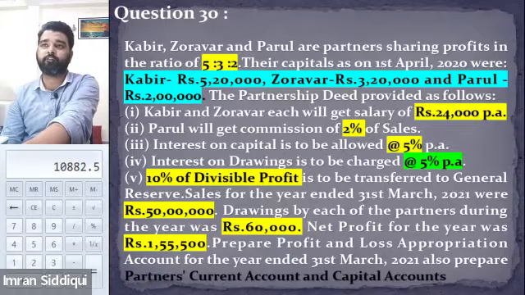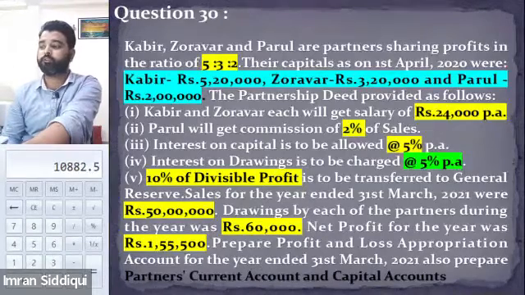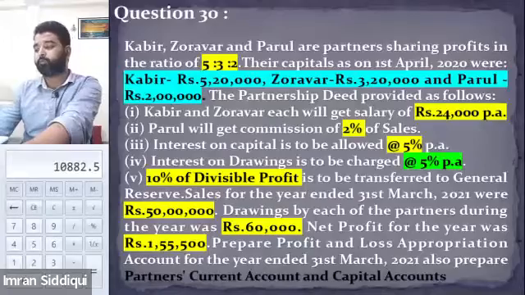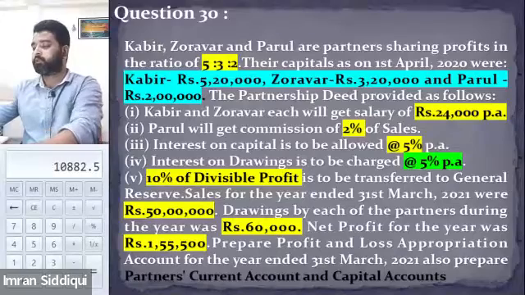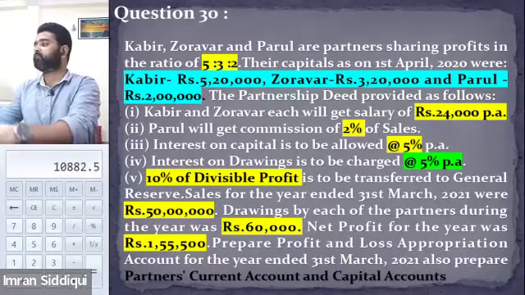Is that clear? Yes, sir. Okay, I'm waiting for you to finish with the P&L appropriation. Then we will continue with the partners' capital and current accounts. Do it quickly. Let me know the profit that will be divided among the partners.